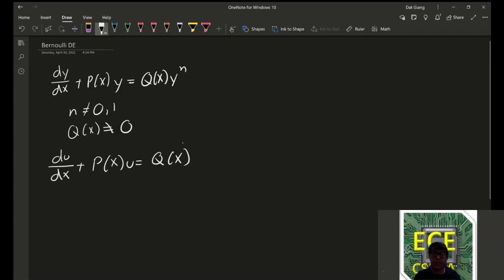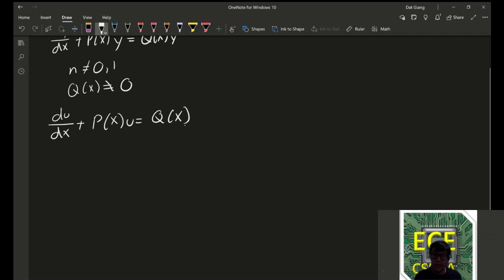How do we do that? Well, let's try something. We divide y to the n on both sides. Y to the negative n dy/dx plus p of x y to the 1 minus n equals q of x.